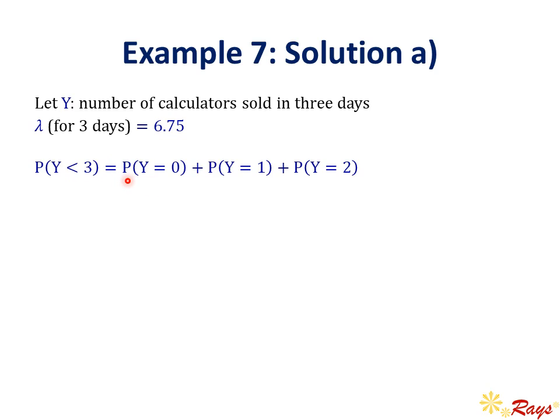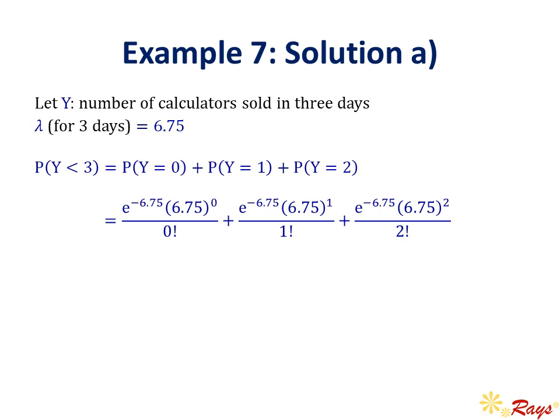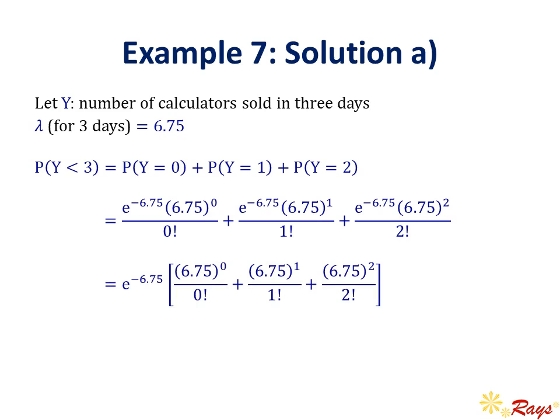So therefore we list down the probability of Y equals 0, Y equals 1, and Y equals 2. So this is after we substitute the values into the formulas. To make our calculation easier, we factor out the common factor here, which is e to the power of negative 6.75. And then that is our final answer.